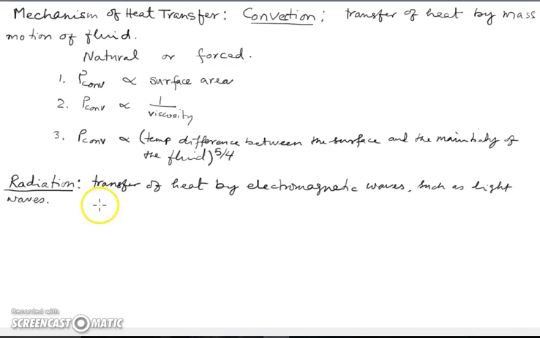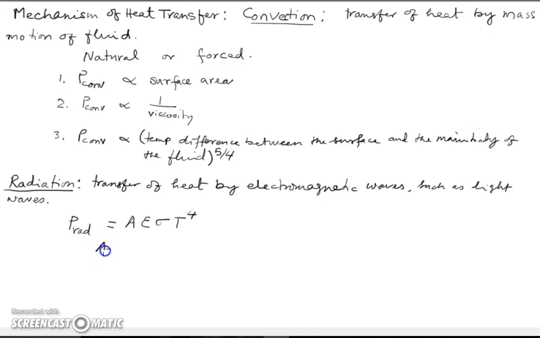And P radiation can be written as A epsilon sigma T to the power 4. Let's go one by one.